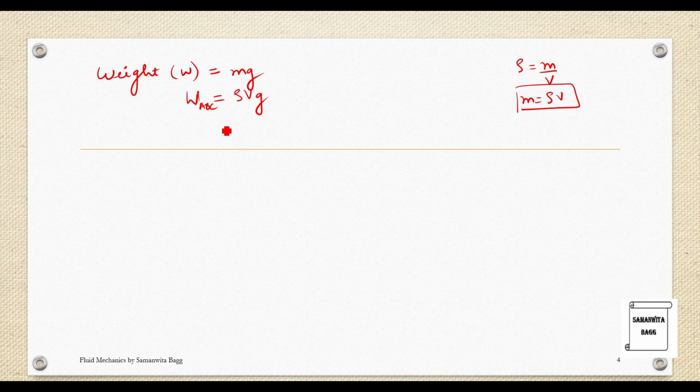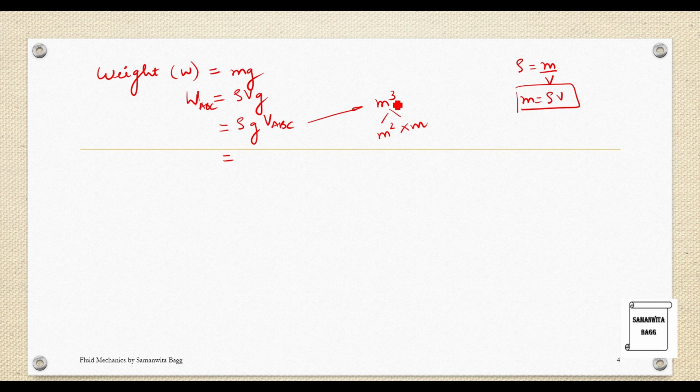Now, let's not talk about rho, let's not talk about g, because these two are constant terms. We will talk about the volume of ABC. When you talk about volume, you should first think about its unit. The unit of volume is meter cube. This can be divided into meter square into meter.